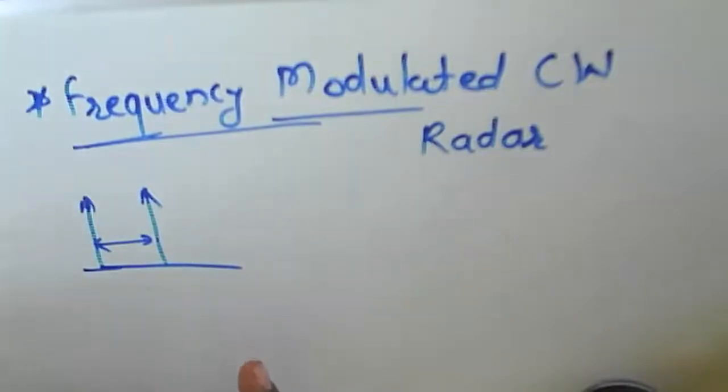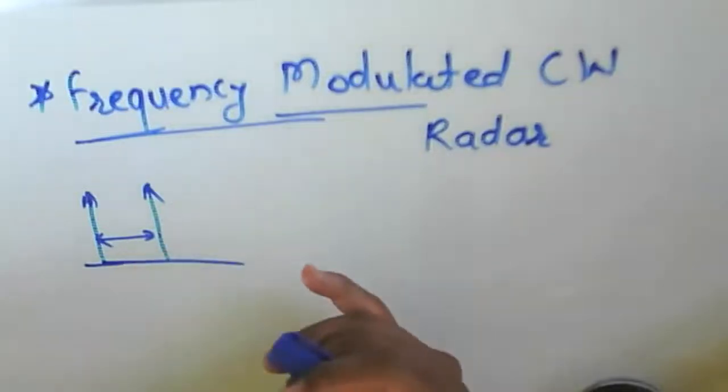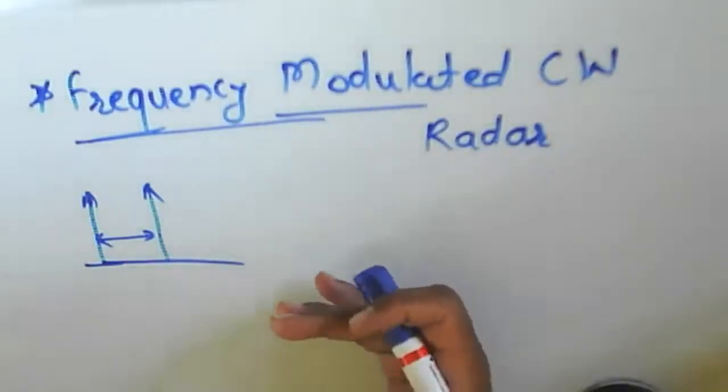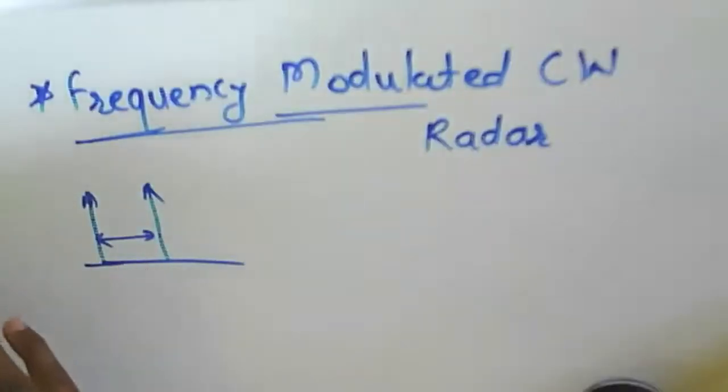If there is a large deviation in the transmitted signal, then the echo signal we receive at the receiver will be more accurate.